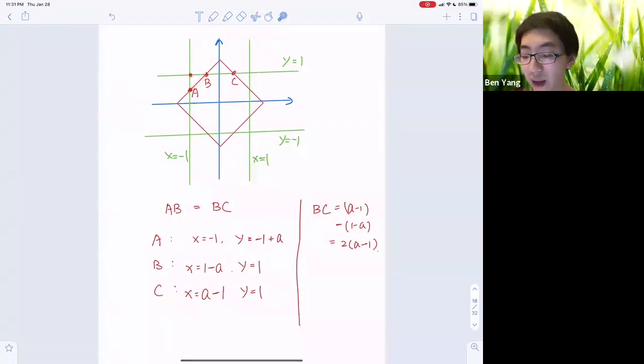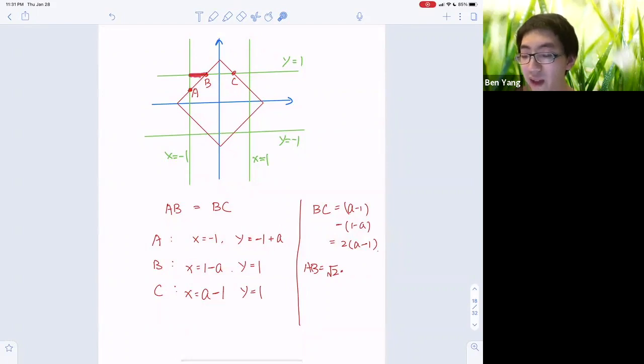But notice that this is a 45, 45, 90 degree triangle. So the length of AB is simply √2 times the leg of this right triangle.